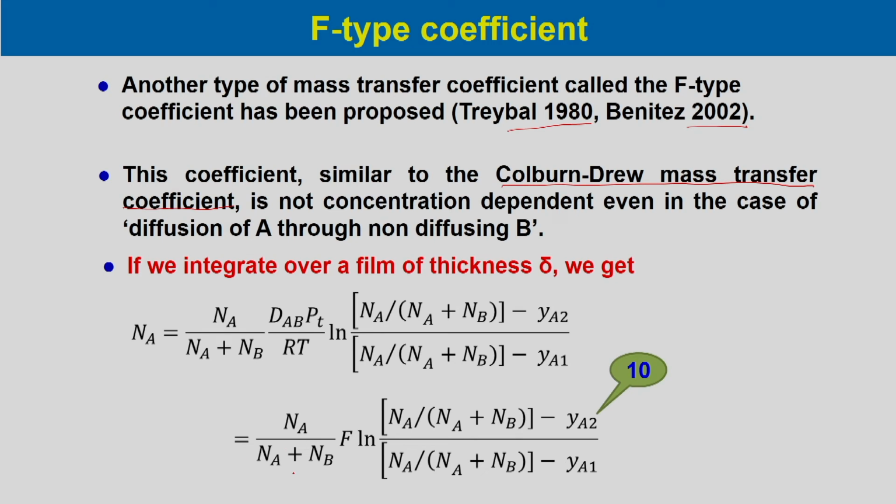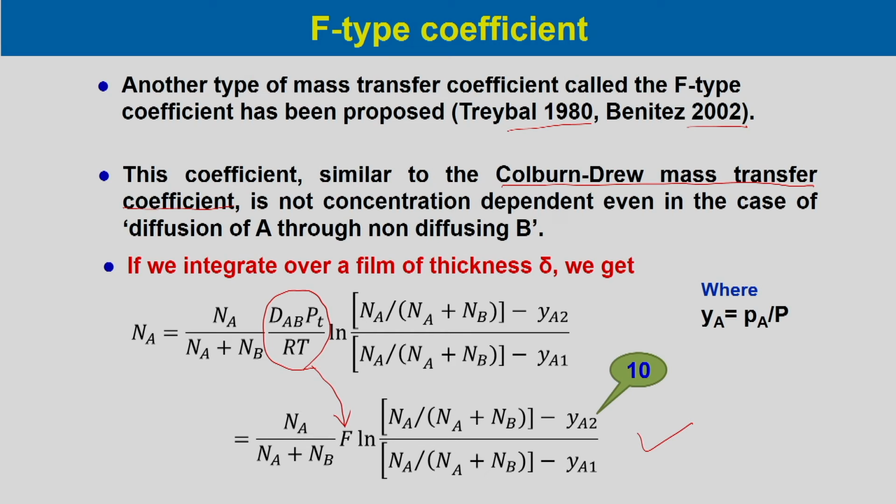So, we can write Na by Na plus Nb into F, where F into ln Na by Na plus Nb minus Ya2 divided by Na plus Nb minus Ya1. So, this is equation 10.